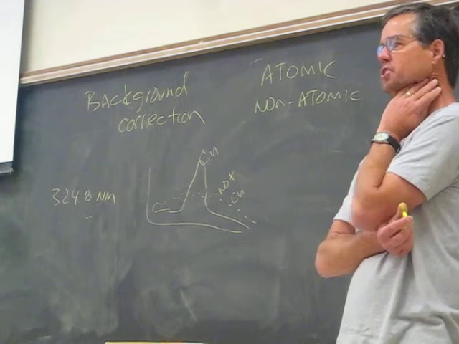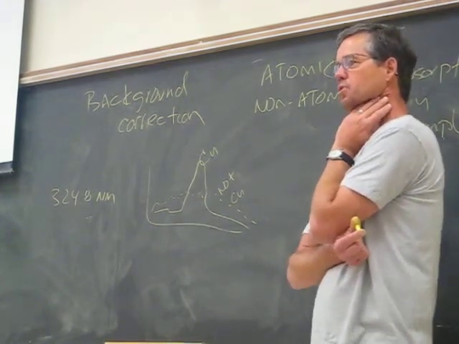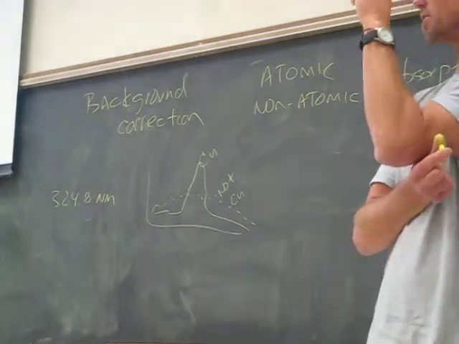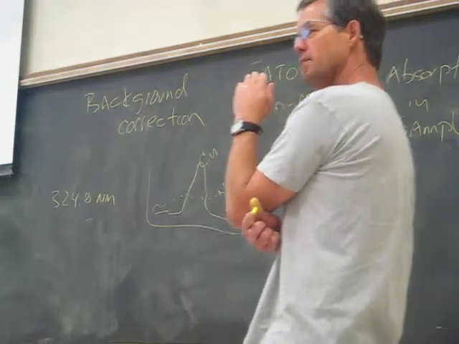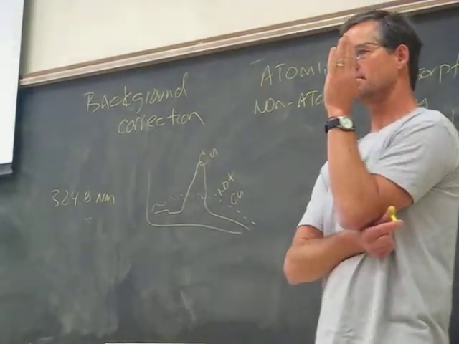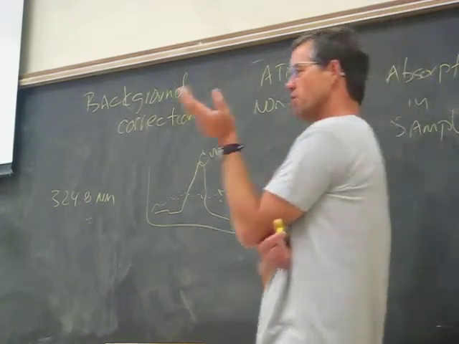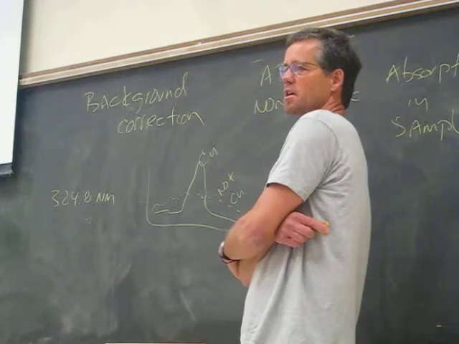What the method of additions is helping you correct for is whether there are interferences or significant contributions to your signal that are due to something other than your analyte, that would modify the relation between the analyte signal and the concentration.